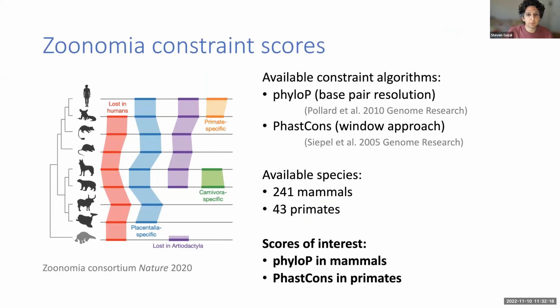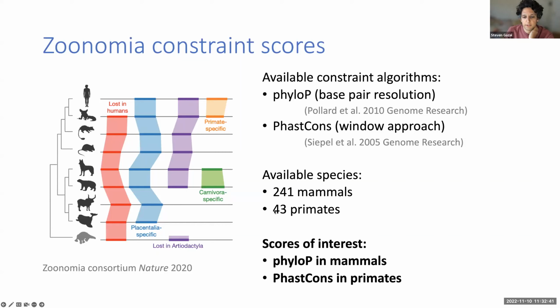And so what we did is we considered these Zoonomia scores that Kerstin introduced. Basically we used two types of score. We used a phylogeny score in mammals. These are the scores with base pair resolution that were computed using the 240 mammals. And we also paid attention to what was constrained in primates.